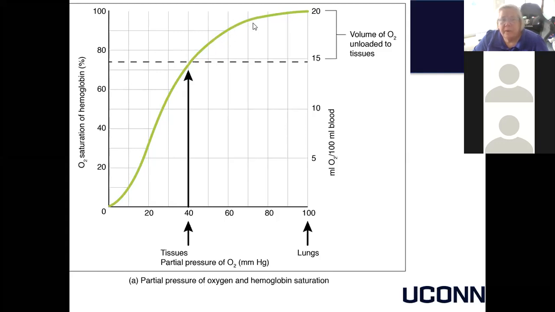So anywhere between 90 to 100% in terms of how much oxygen is in the blood is fairly constant, but below that, it decreases quite precipitously.